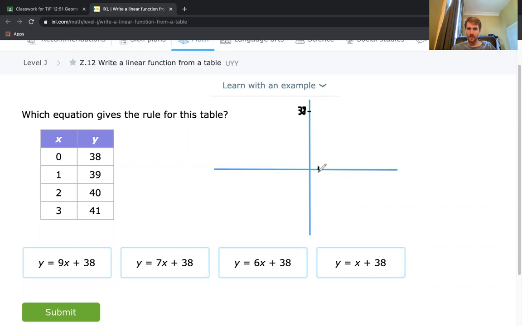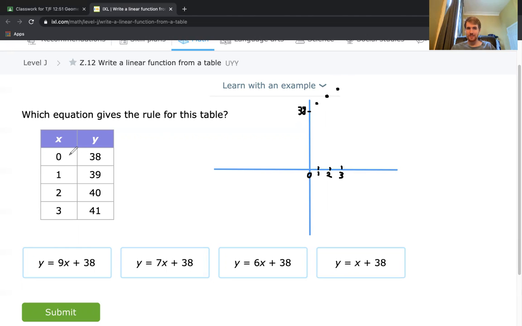When x is 1, y is going to be 39. When x is 2, y is going to be 40. When x is 3, y is going to be 41. And you may notice if you connect these, it's going to make a line. And so the question is, what would the equation of this line be?